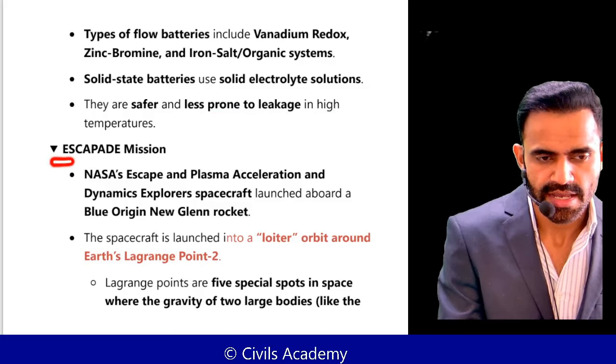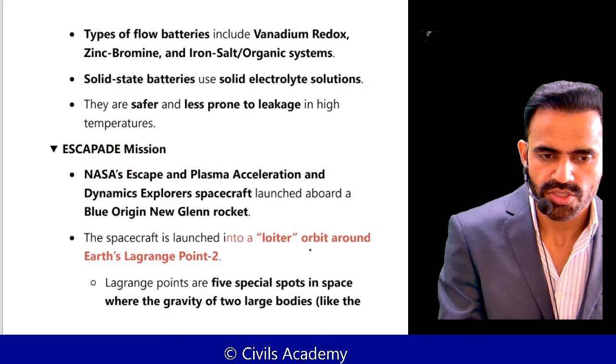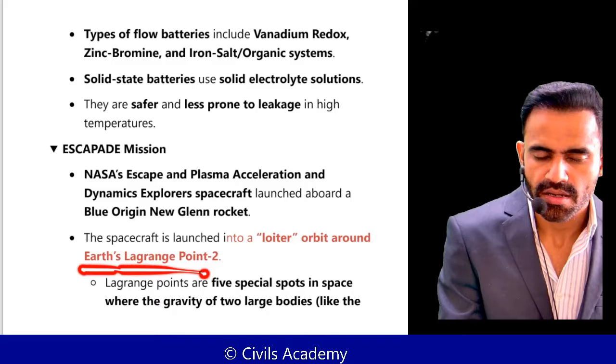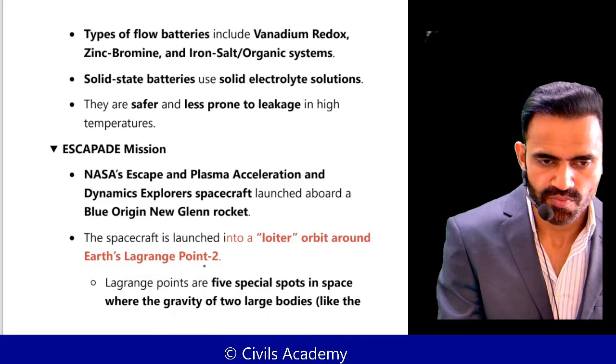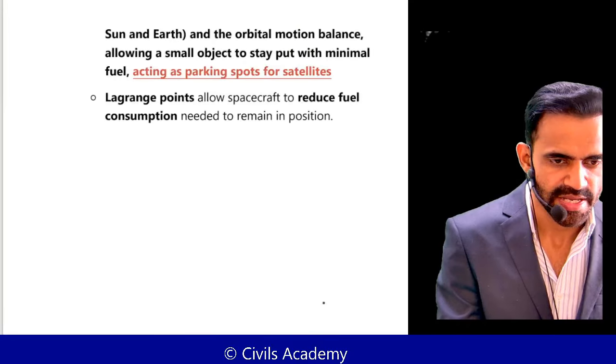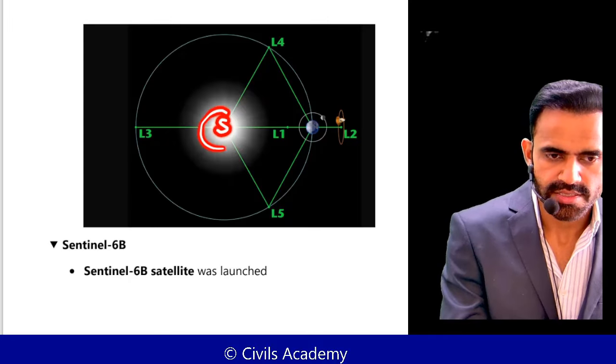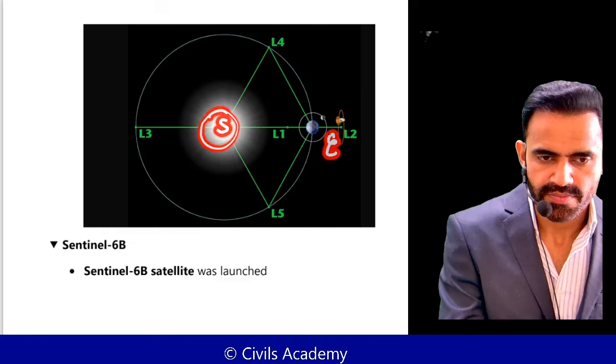Next is the Escapade mission. It is a mission of NASA. It is going to launch at Earth's Lagrange point number 2. Okay, now understand. Again, first let me explain the Lagrange point. This is the Sun.